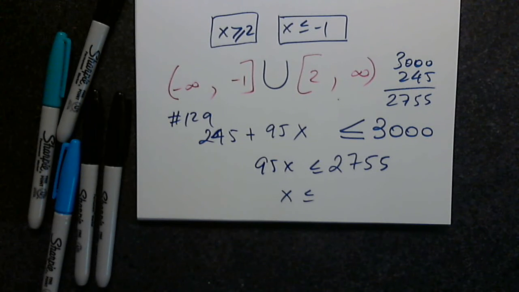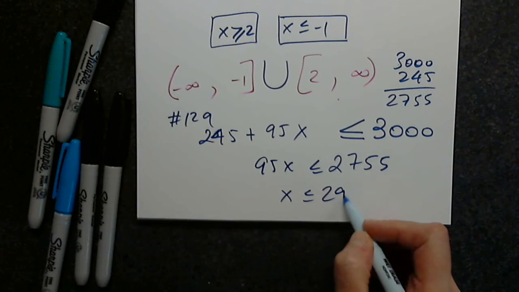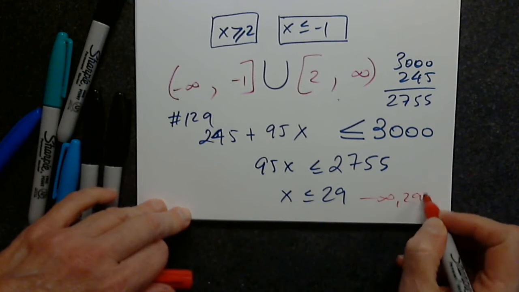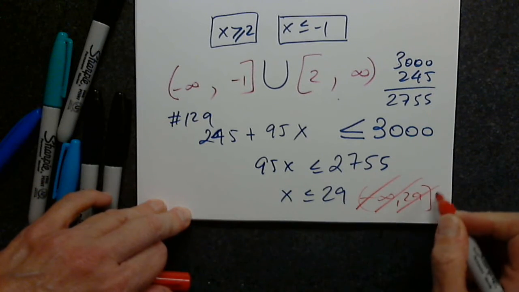So 2755 divided by 95. 29. So you would say, well, but this in interval notation is this. No, it is.